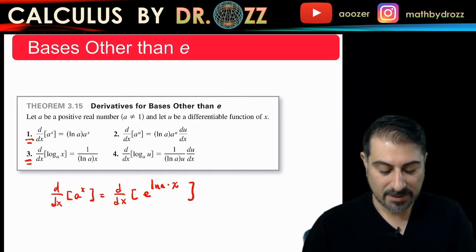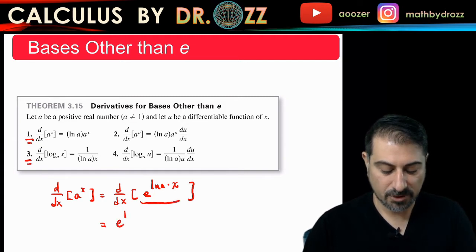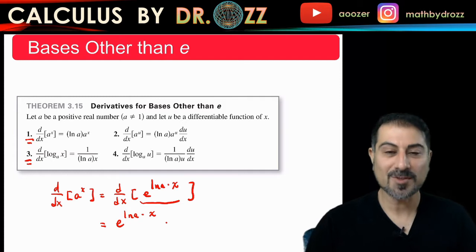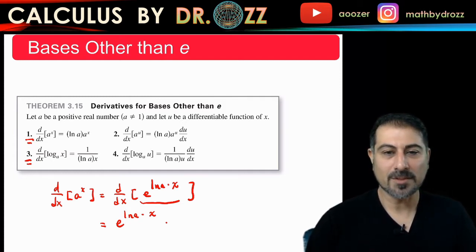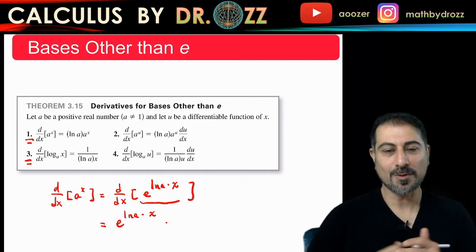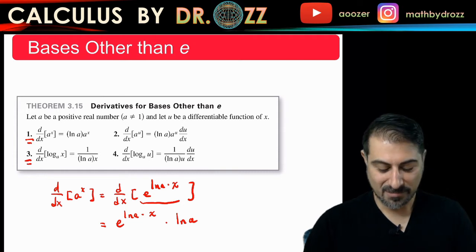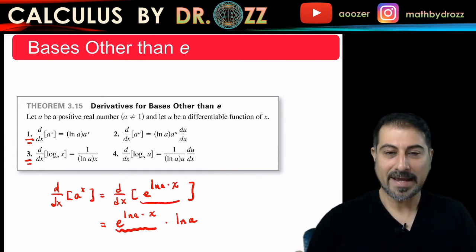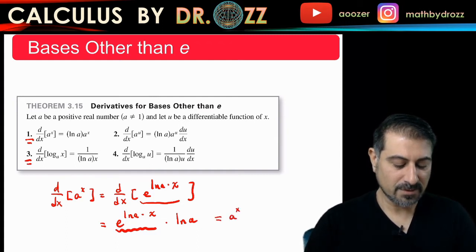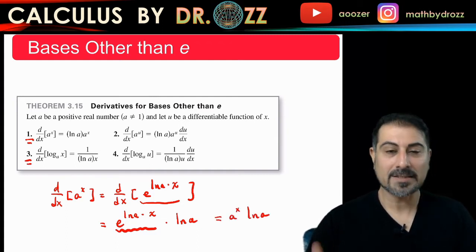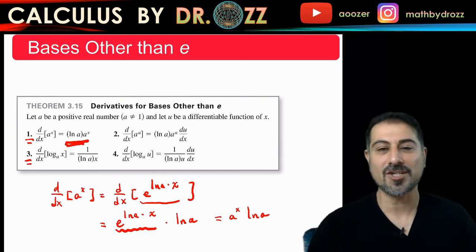The chain rule states that the derivative is the same function times the derivative of the power. But ln a is just a number, so it's a constant. By using the constant multiple rule, the derivative of the power is ln a. Since e to the ln a times x is just another name for a to the x, this derivative reduces to a to the x times ln a, and that's exactly what we have here.